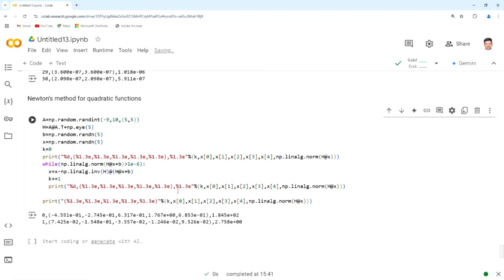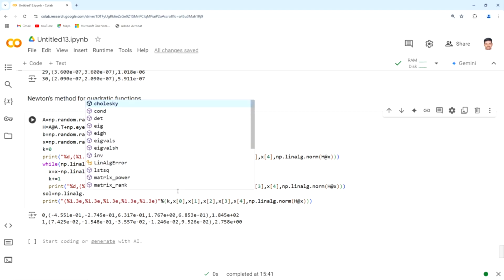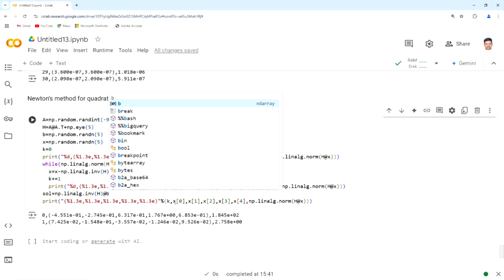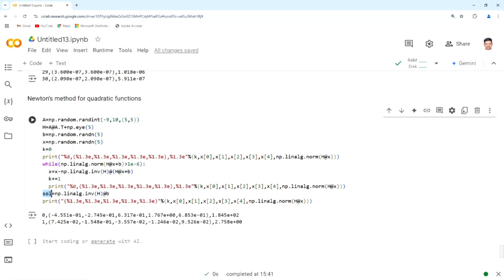Let us write something, let us say the solution is, or maybe I will just write y, so that it is easy to replace here, otherwise I have to type SOL every time. This is not needed, and k is also not needed.